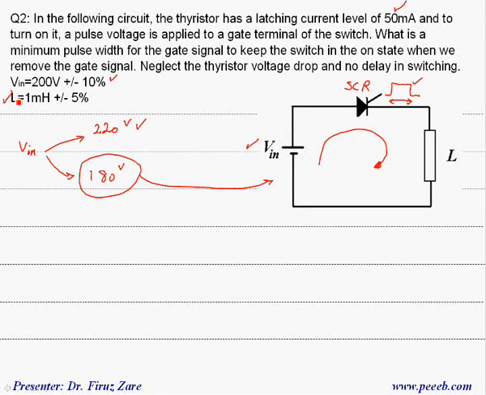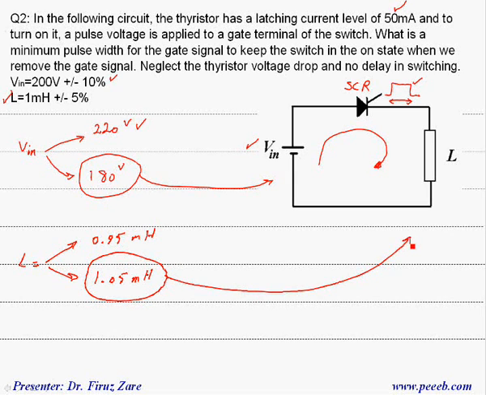Let's look at the inductor. Basically the minimum and maximum values for this inductor is 0.95 millihenry and 1.05 millihenry. So we have to consider this value for worst case, because basically large inductor requires more time to increase the current in a particular level.